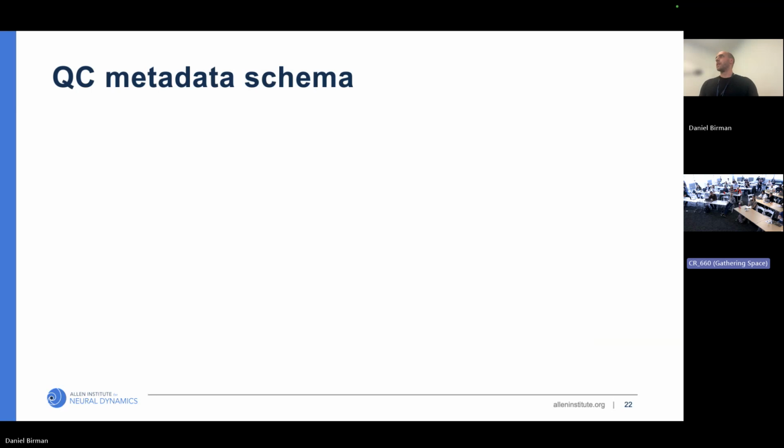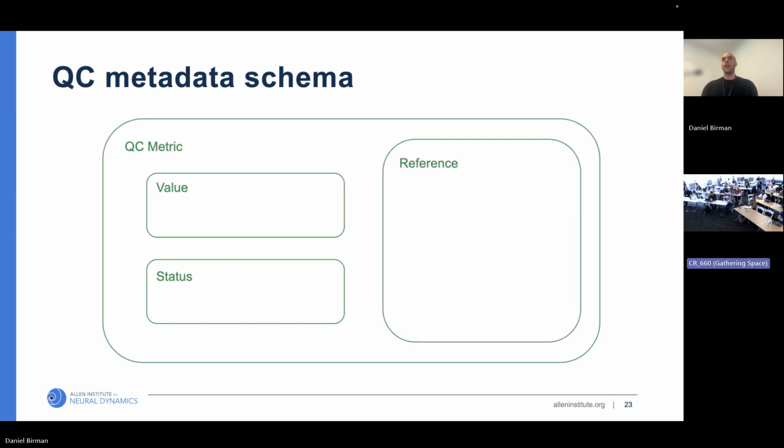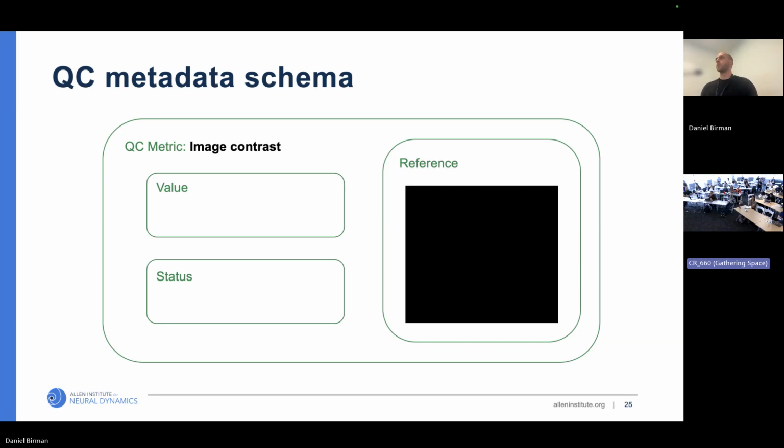We've mentioned a few times that we have this metadata schema. I think Saskia briefly showed you a little bit of what it looks like. So this is just an abstract diagram. A quality control metric in our schema is a box that contains a few pieces. There's a name. So let's call this QC metric image contrast. There's some kind of reference image, which might be just an empty black square.